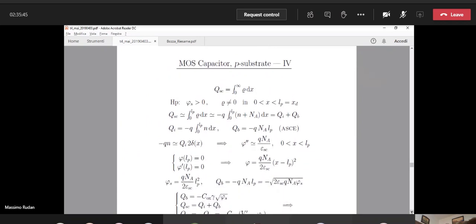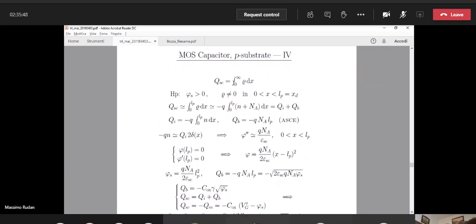That means that the charge density of this integral is considered as non-zero only between the origin, that is the interface, and LP. Neglect this symbol XD, we shall come to it later. So the integral becomes the integral from 0 to LP only. So this is approximation number 2.